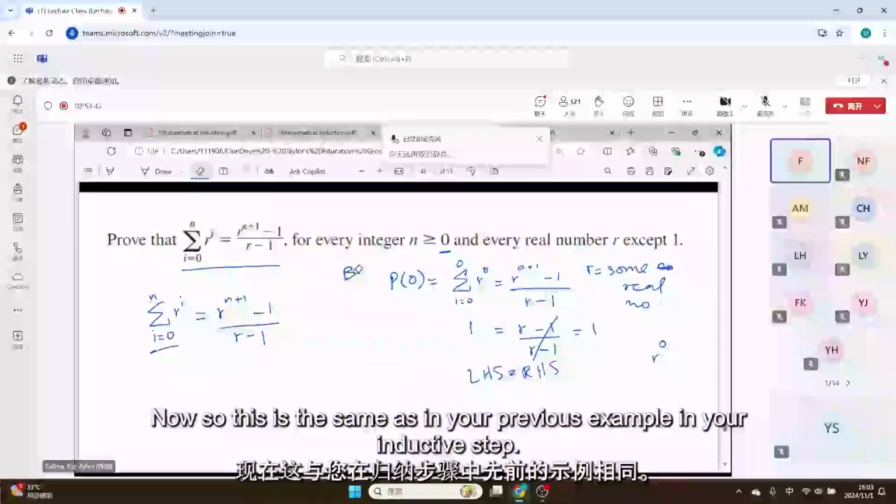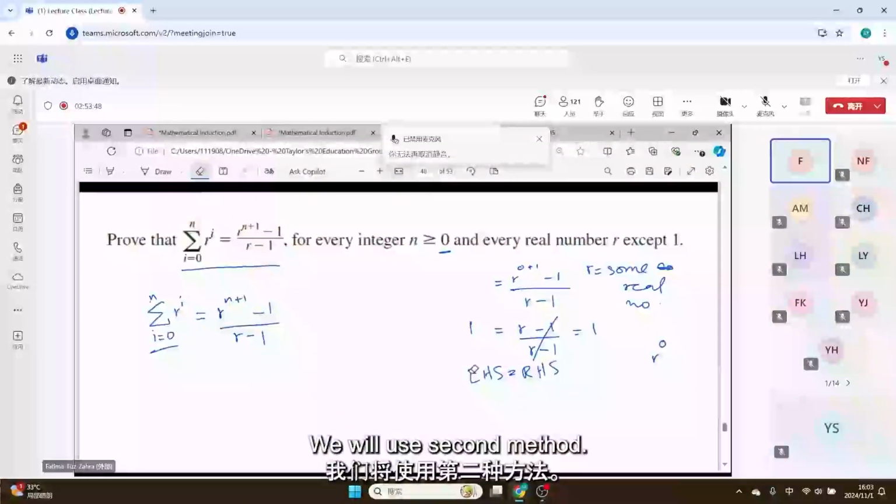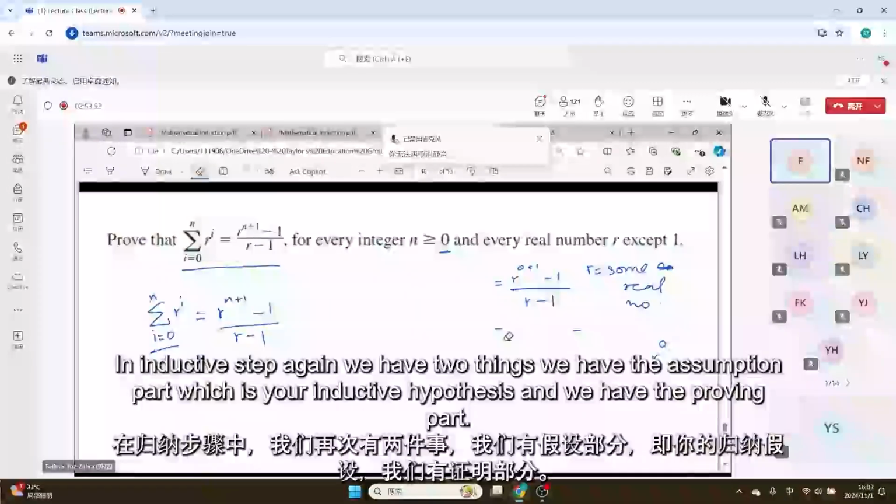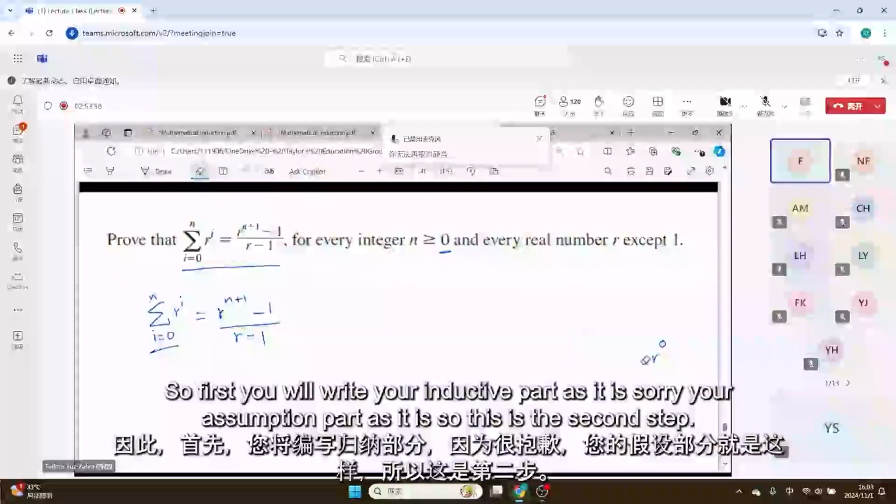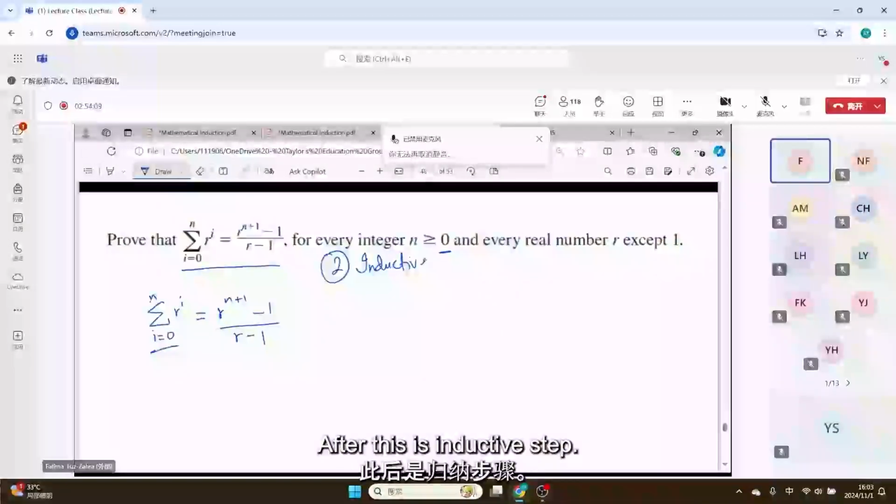In your inductive step, we will use the second method. In the inductive step, again, we have two things. We have the assumption part, which is your inductive hypothesis, and we have the proving part. First you will write your assumption part as it is. So this is the second step after the base step, the inductive step.